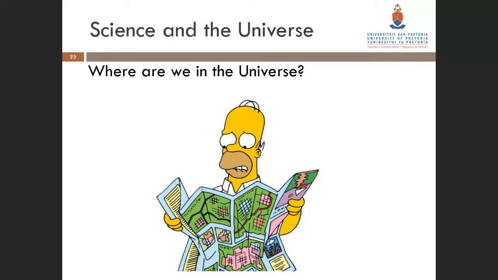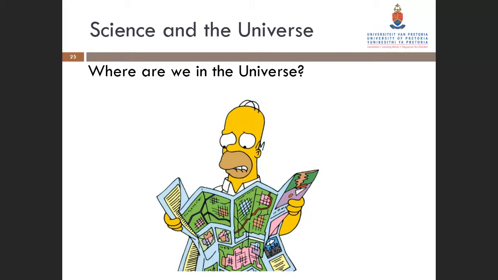So where are we in the universe? What do you guys think? Yes, we can even go to gigaparsecs as well. Yes, we are in the Milky Way galaxy. So, random question.